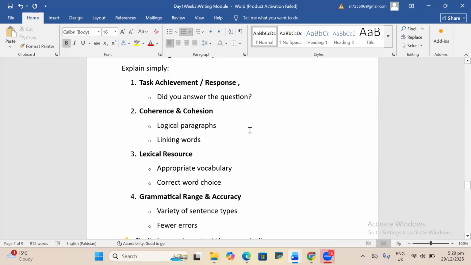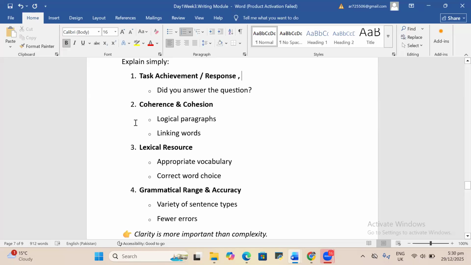You write four logical paragraphs, explain each paragraph according to the task response, and use linking words that show the engagement of the sentences. For example, if you explain any point and use an example relevant to that point, you use a linking word like 'for example', and that linking word helps connect different sentences with each other. Then your point 2 will be fulfilled.